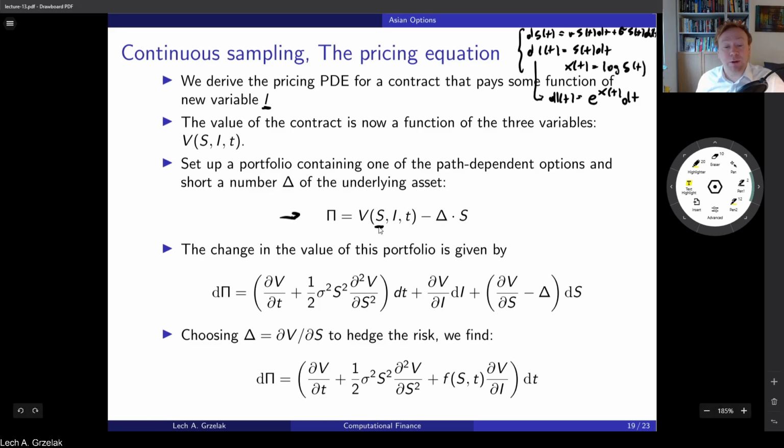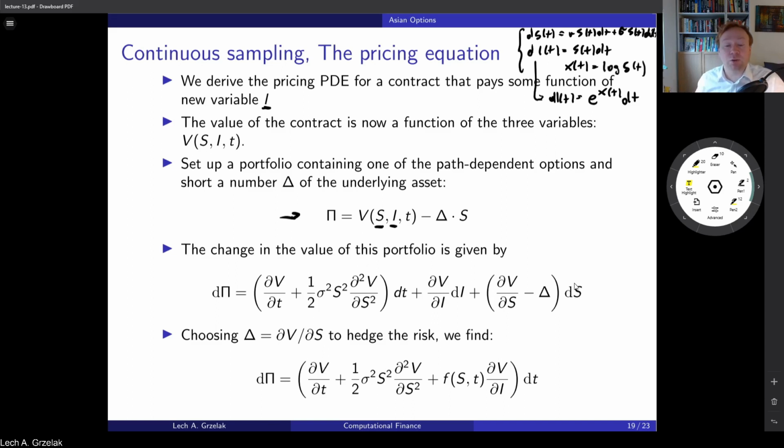Note that here we have not only S, but also the integral, which is I. Once we do again the portfolio dynamics, we apply Ito's lemma, and this is what we have. We have a dPi, and the drift term corresponding to the uncertainty. Once we derive the dynamics for V, we can substitute; we have dt terms, dI terms, and also a dS term.